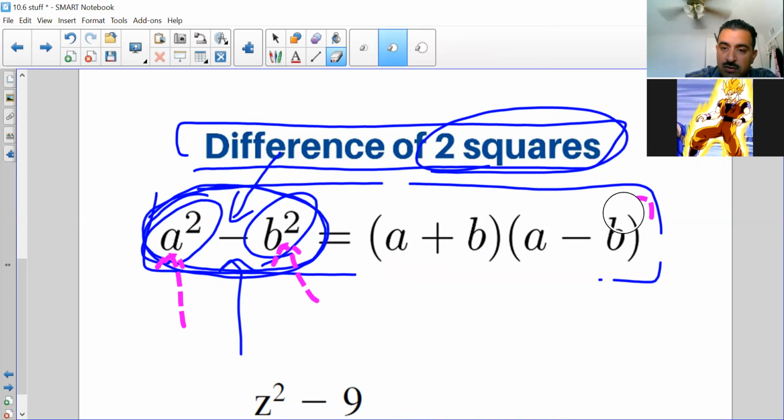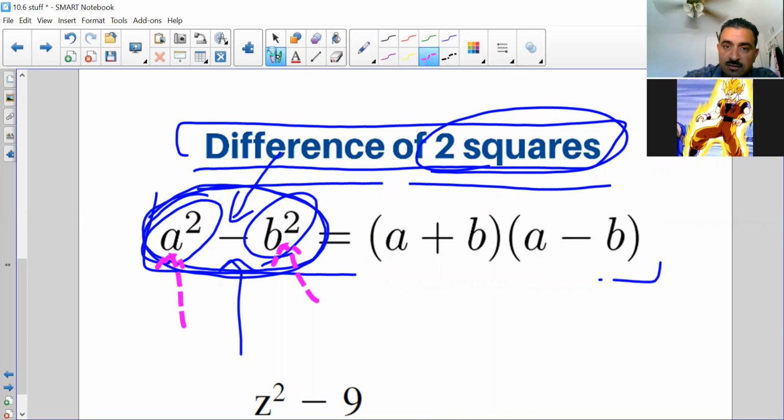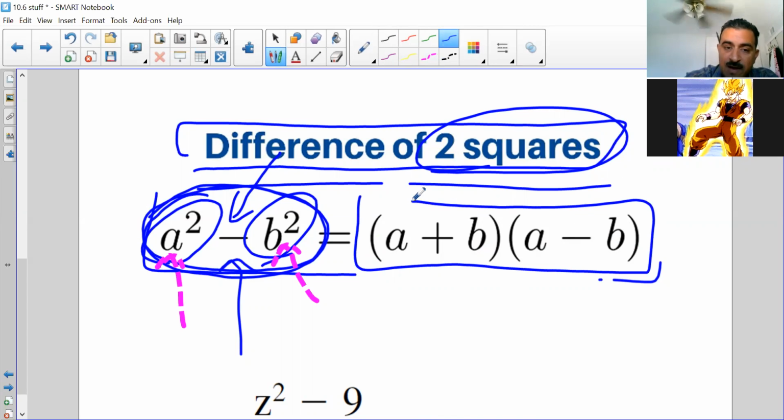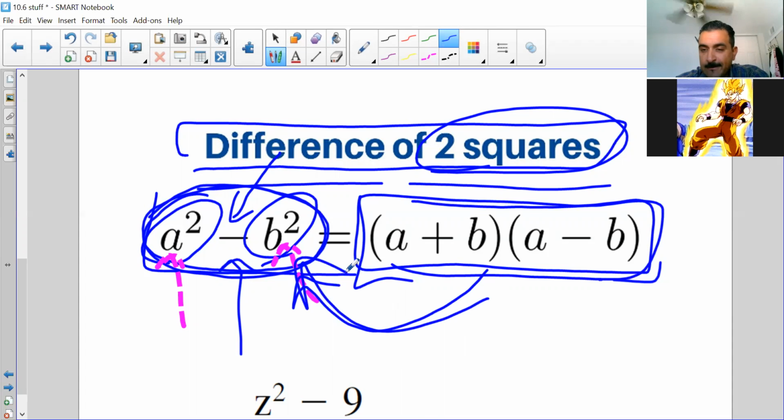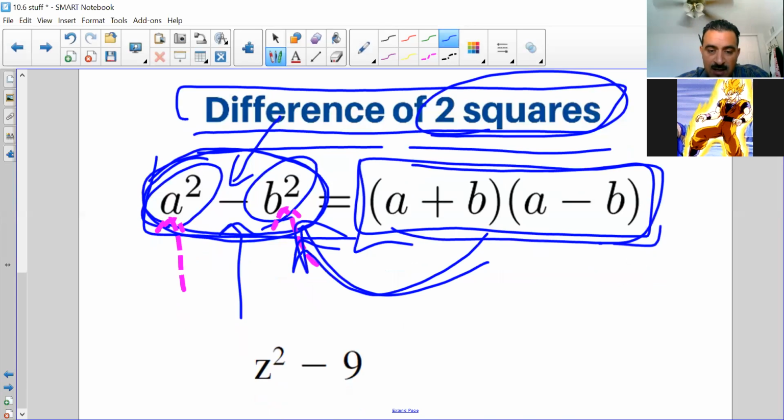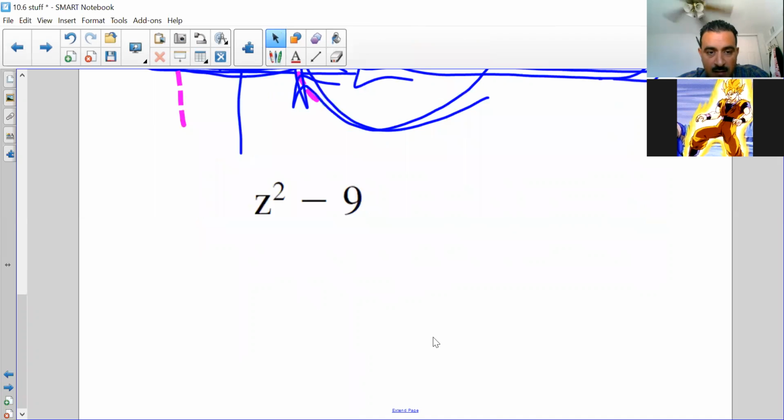These two binomials, believe it or not, will be the factors of that. That is to say, these two binomials will be the stuff you multiply to get to that stuff. Remember my funny, unsophisticated, unacademic definition: stuff you multiply to get to other stuff.